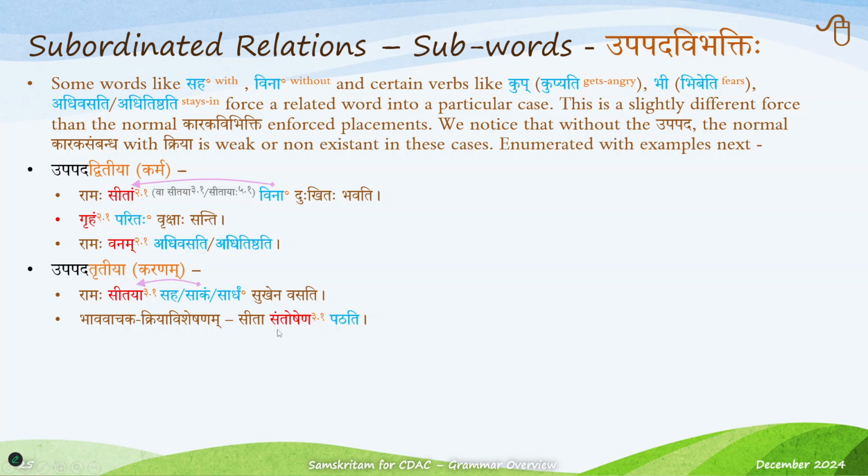So this santoshena is a kriya visheshana force bringing tritiya into the patana kriya, because the patana kriya doesn't require an instrument of santosha, but it is a quality of her reading. So it is a quality force of upapada tritiya due to the kriya visheshanatva bhava of the patana kriya. Okay, all right. So there is a kind of upapada force there.